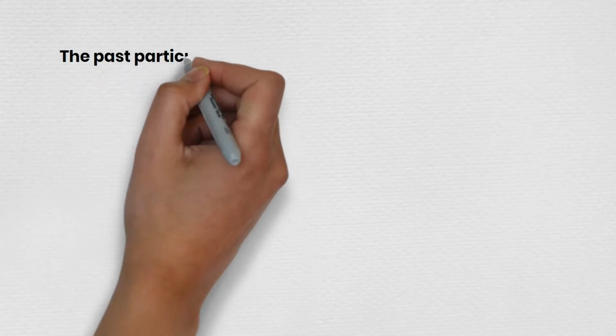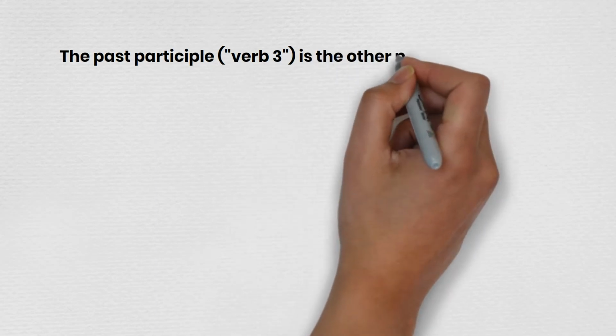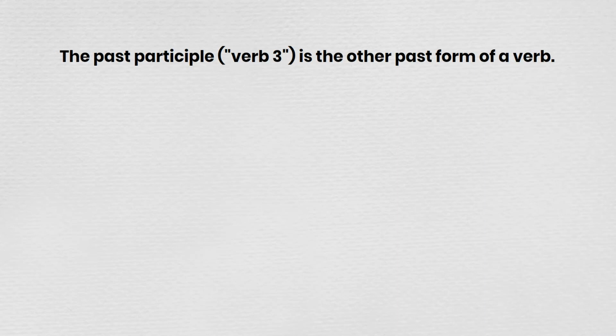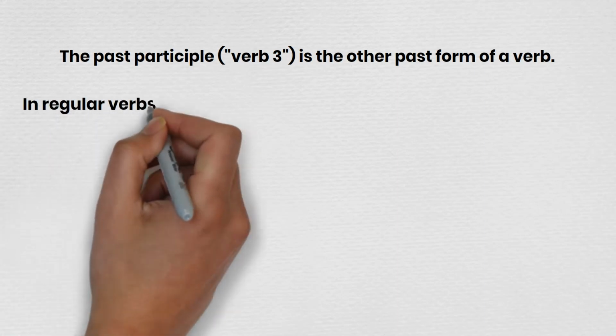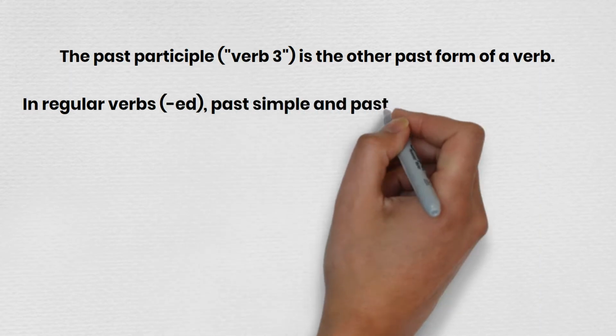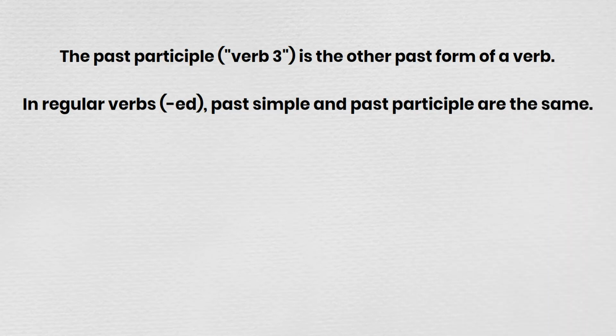The past participle is the other past form of a verb. In regular verbs, verbs that end with ed, the past simple and past participle are the same.